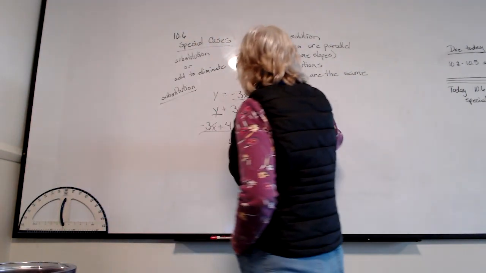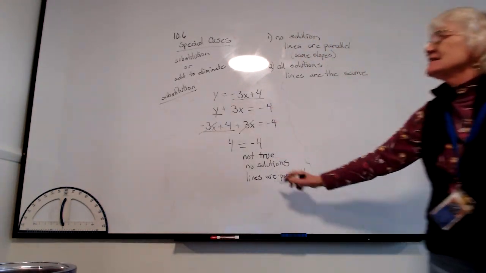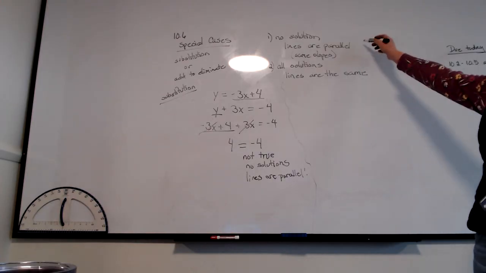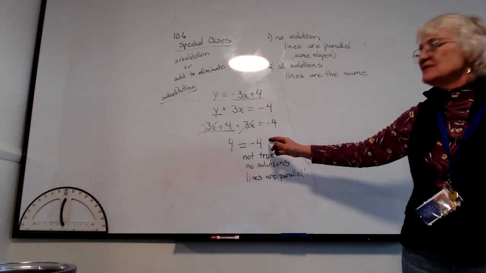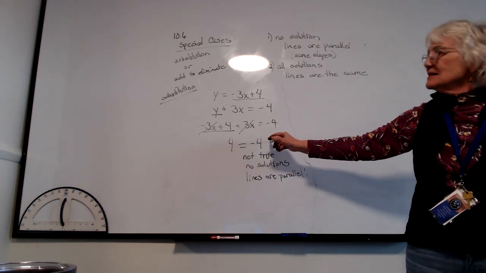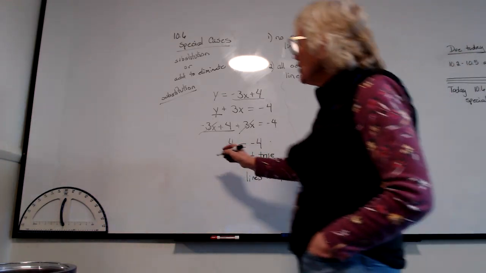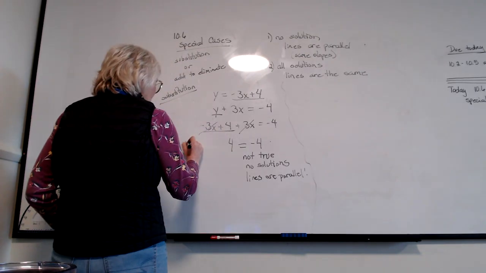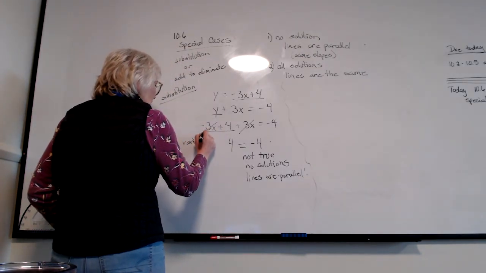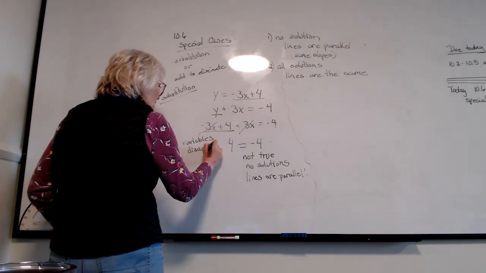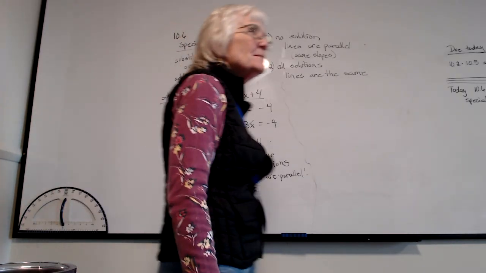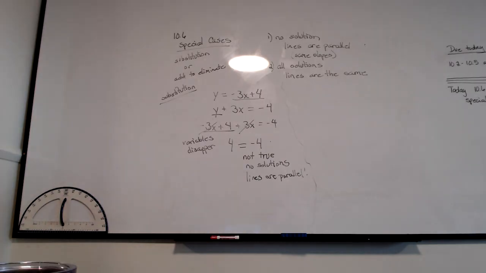So here is one way that we can see that the lines have no solution, they're parallel. If you come down to an answer with no variables, so notice the variables disappear, and if you get a not true statement, then they're parallel lines. Can anybody guess, if they're the same line, how is that going to be different?